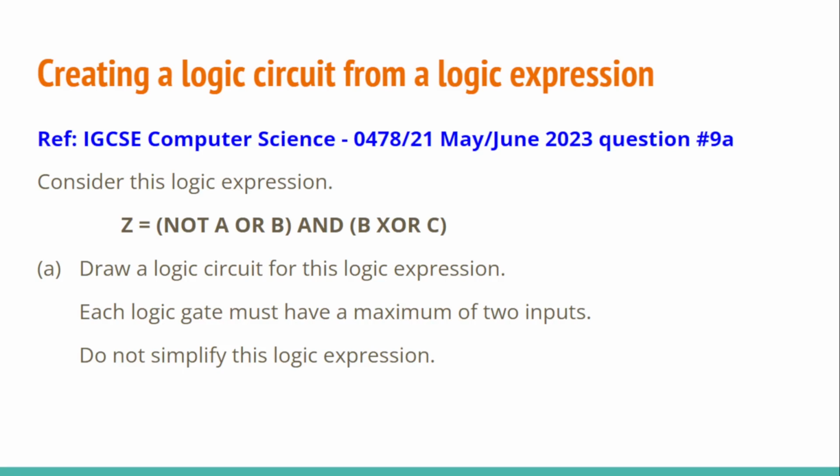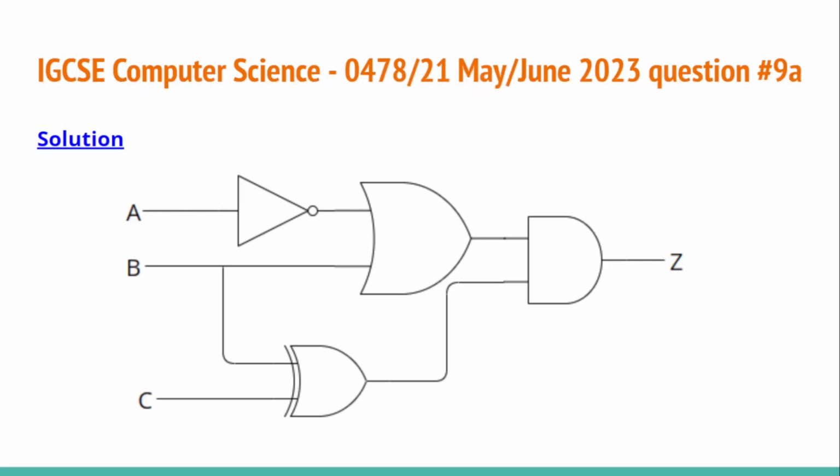Let's take a look at my solution to this question. Just bear in mind the logic expression: Z equals not A or B and B XOR C. Here is my solution.